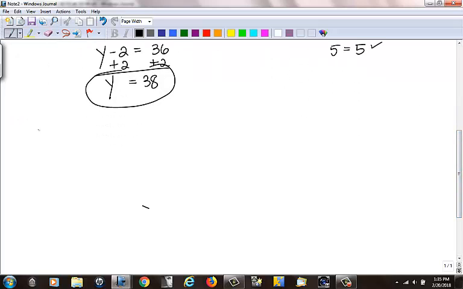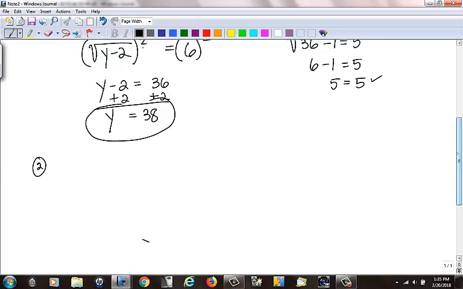Let's try another one. So if it didn't check, then you'll say no solution. There will actually be somewhere you'll end up with 2 possible answers, and one checks and one doesn't. I will tell you, this is primetime ACT question.